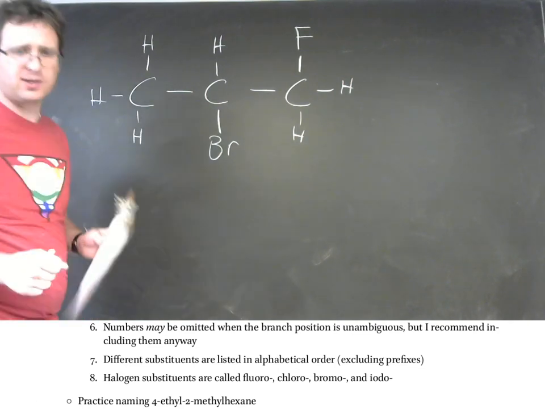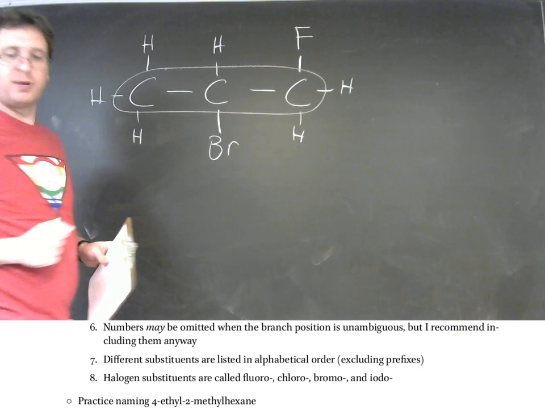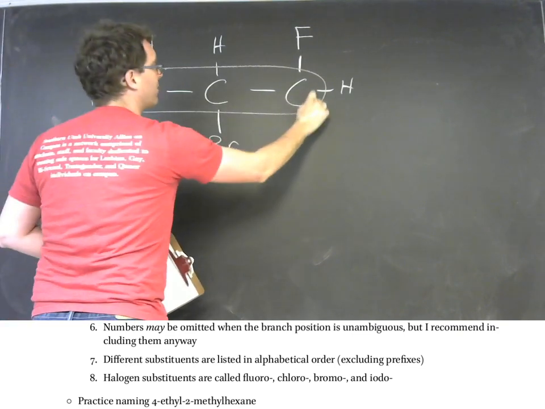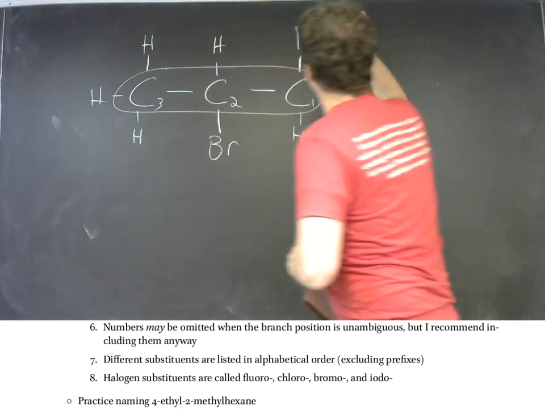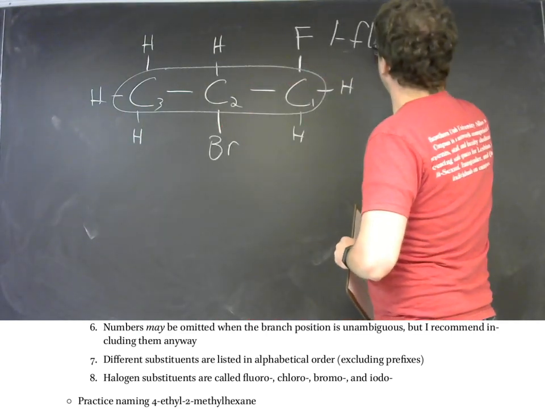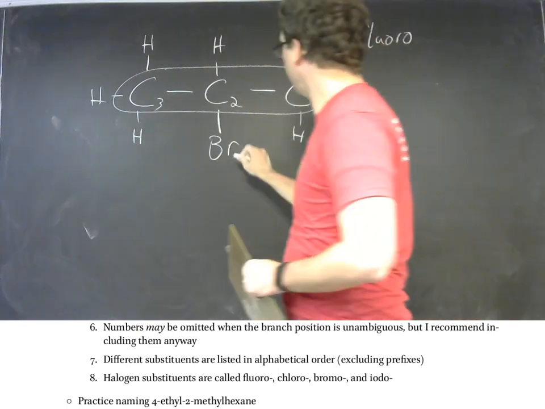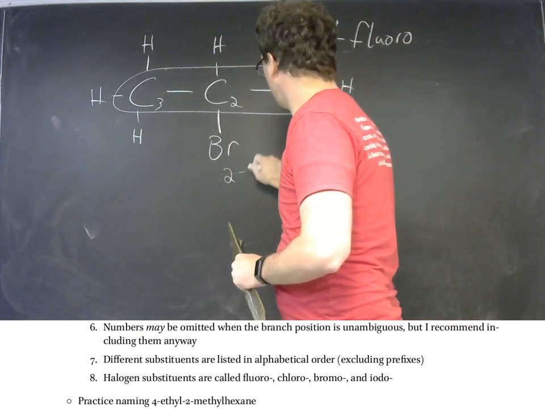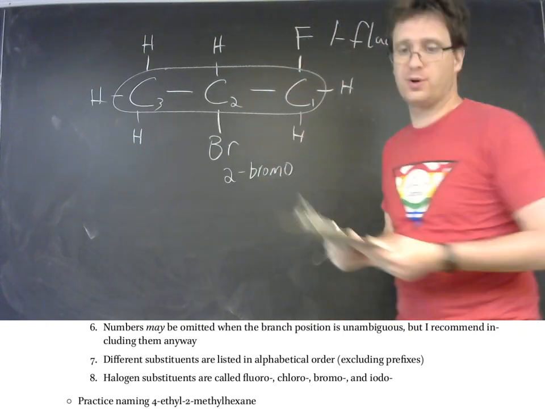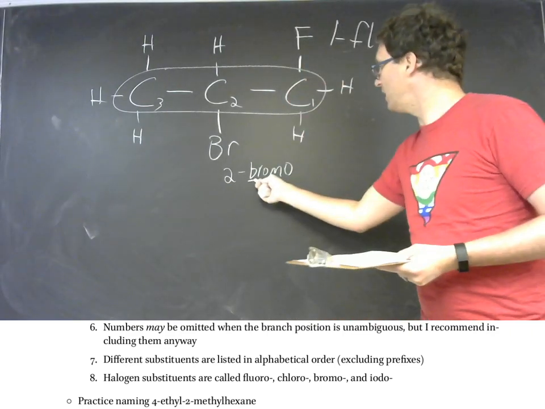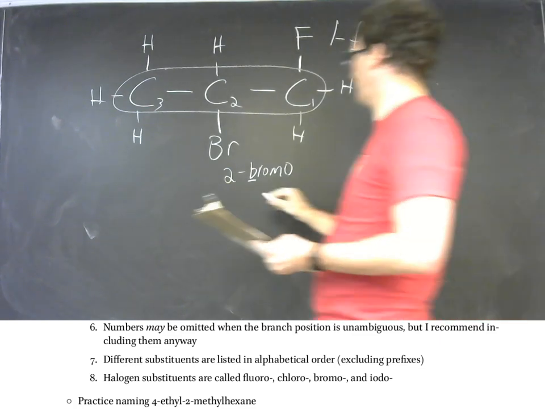Okay, so that's our compound. It is a propane. We'll start counting from this end. So this is a 1-fluoro group. This would be a 2-bromo group, and B comes before F. And so what is this?